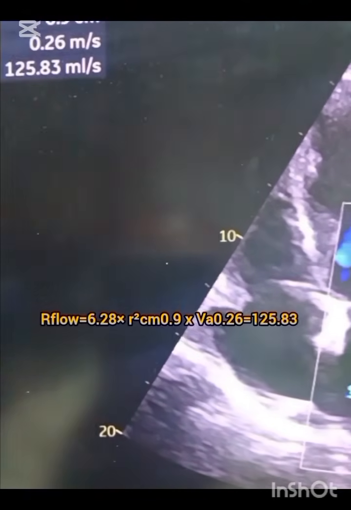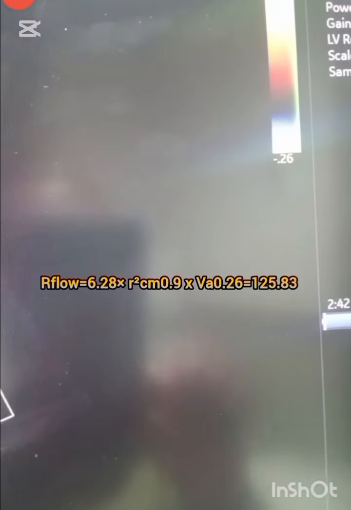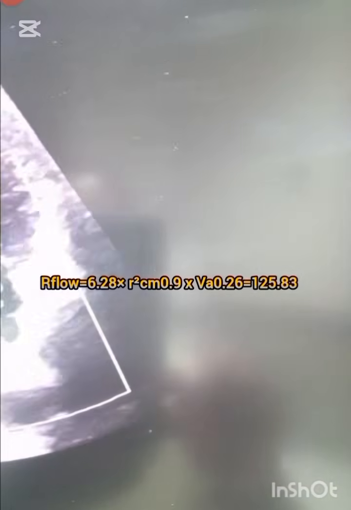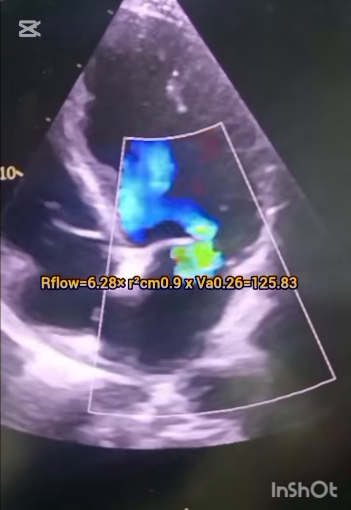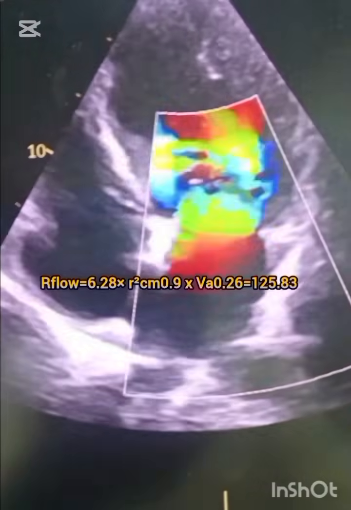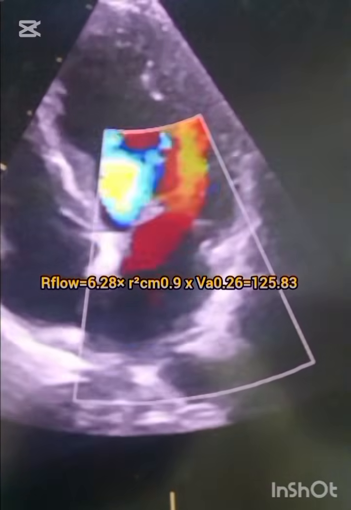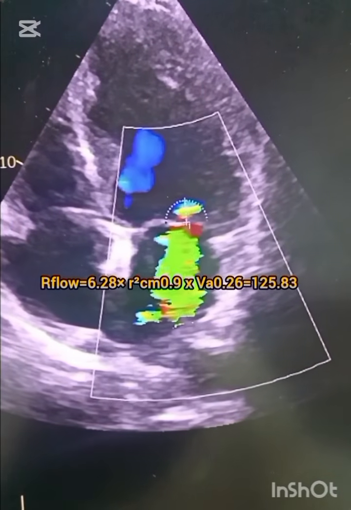My machine gave me the required data by its software setting, but here for you is the formula of regurgitant flow. The formula of regurgitant flow is equal to a constant number, 6.28, multiplied by the radius in centimeters. Here the radius of this PISA is 0.9 centimeter, as you see in the video.